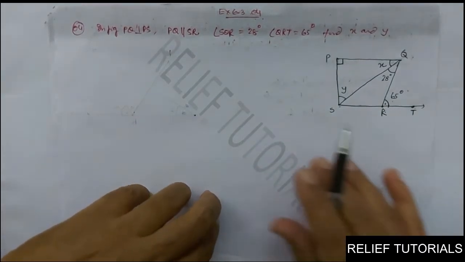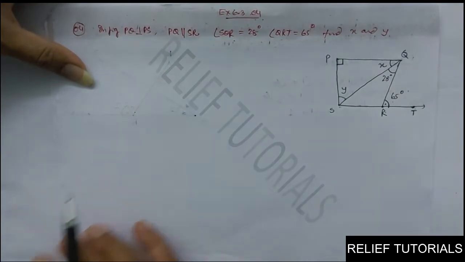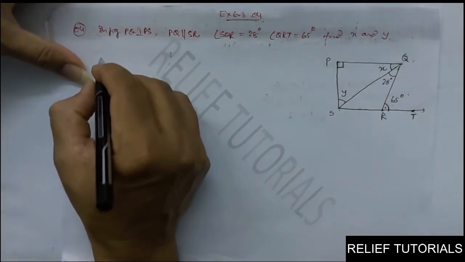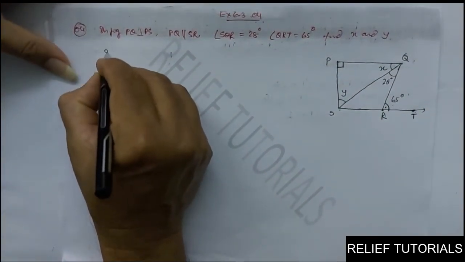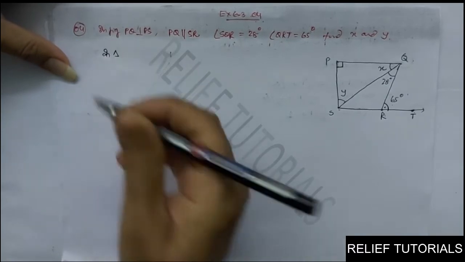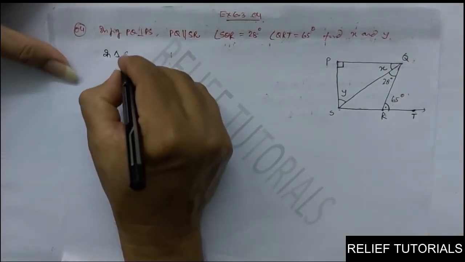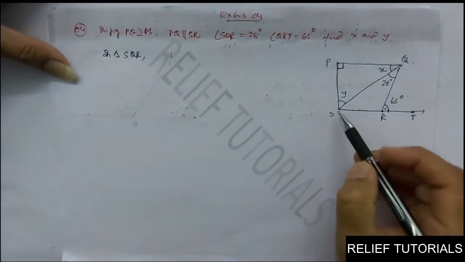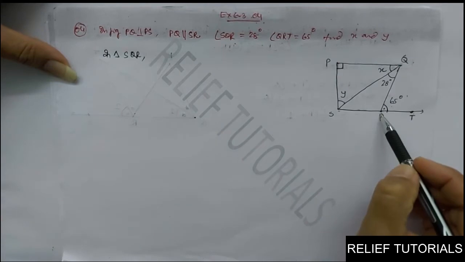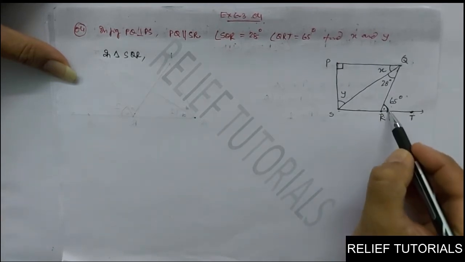Okay. So we'll write here, in triangle SQR, see this SQR, clear? This is an exterior angle.